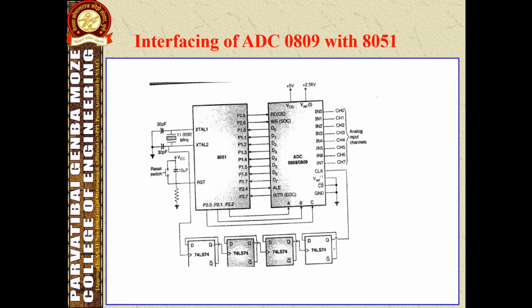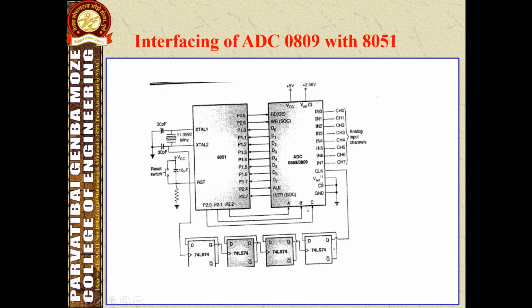In order to select an input channel, it is essential to send a 3-bit address on ABC. To select which input channel is used at a time, we have to send the address on these input pins.